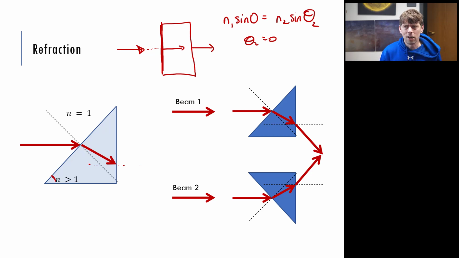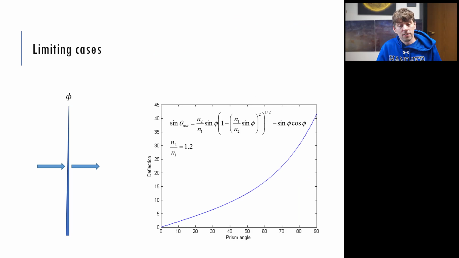Now, of course, as I start angling that front face, you're going to end up getting some more refraction. So you start out at 0 and then you get larger as you angle it. In fact, if you really want, you can go through this using a triangular prism, taking the limit as I make the prism more and more skinny, for lack of a better term.